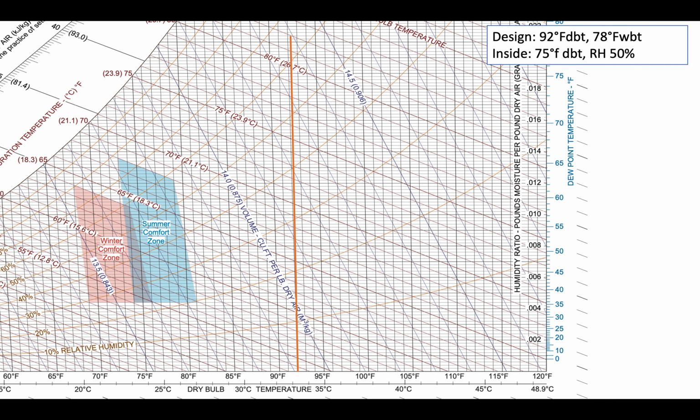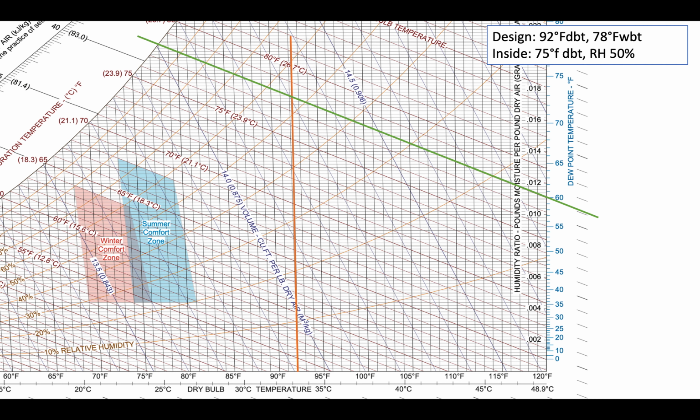That's what I mean when I write dBT. Now we're looking for the wet bulb temperature. The wet bulb temperature of 78 degrees Fahrenheit is going to be on this wet bulb line, and you can see over here we're at 75, 76, 77, 78 degrees Fahrenheit wet bulb temperature.